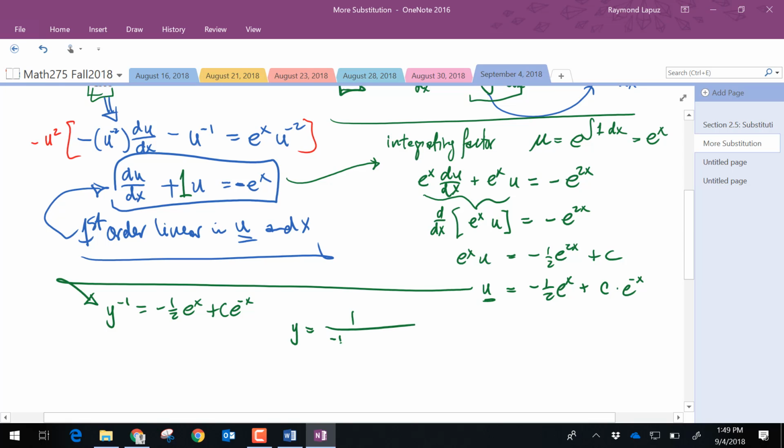Yeah. Be careful how you simplify. Yeah. Oh, yeah, when we multiplied.